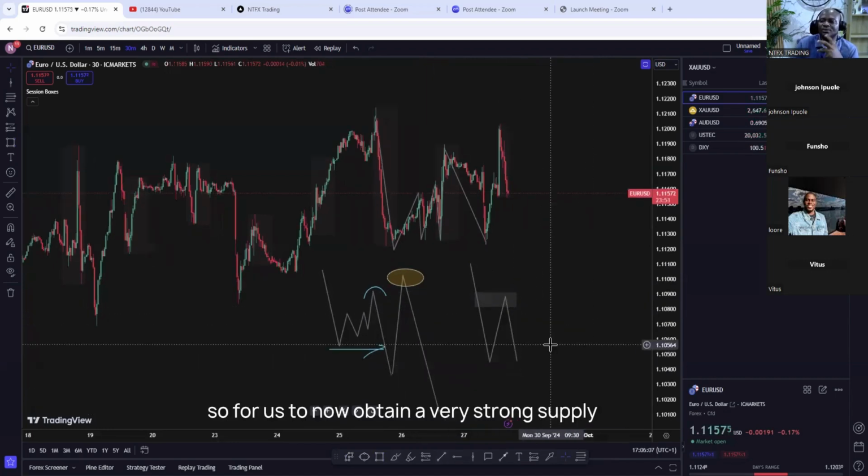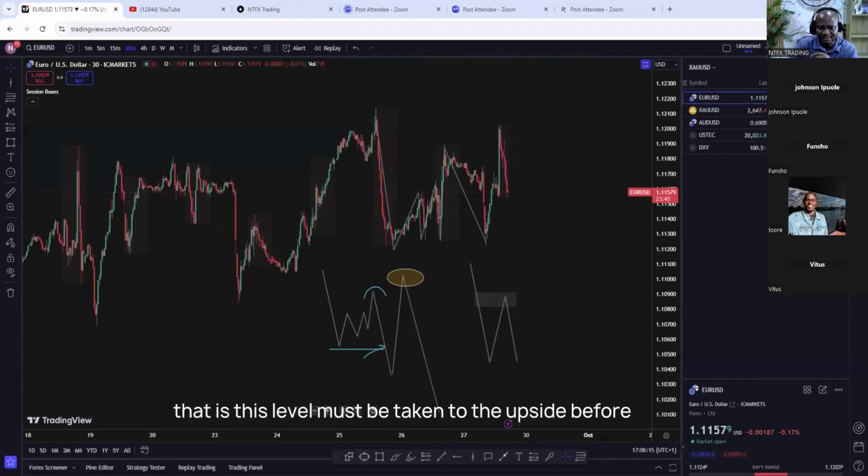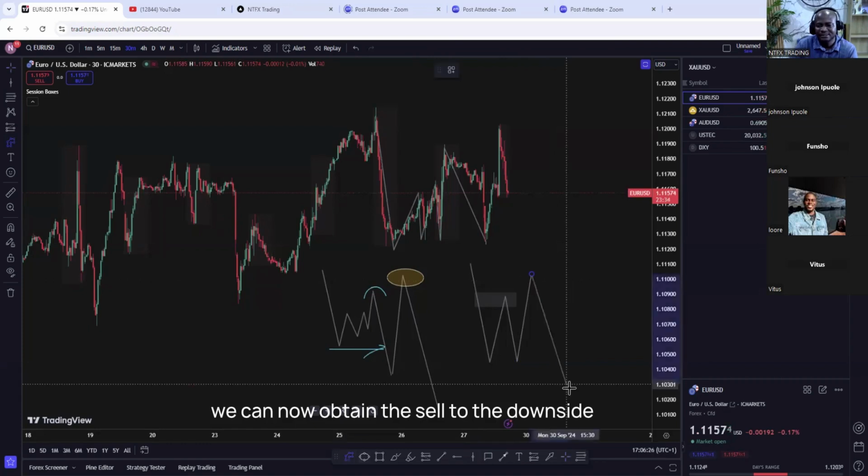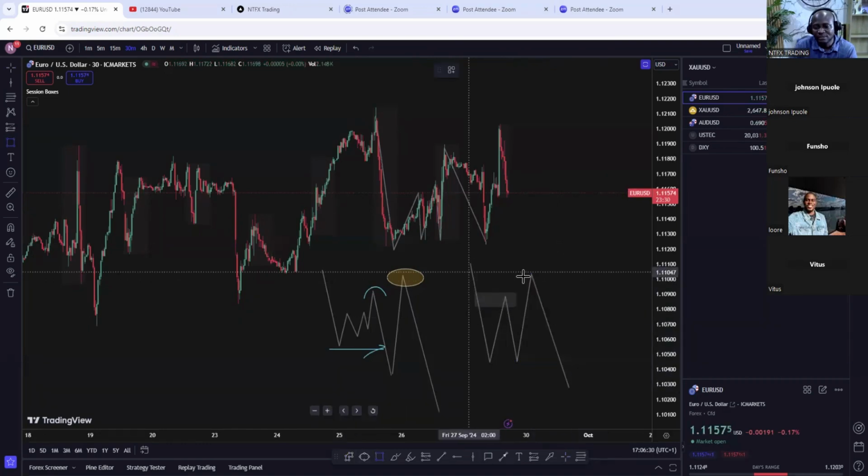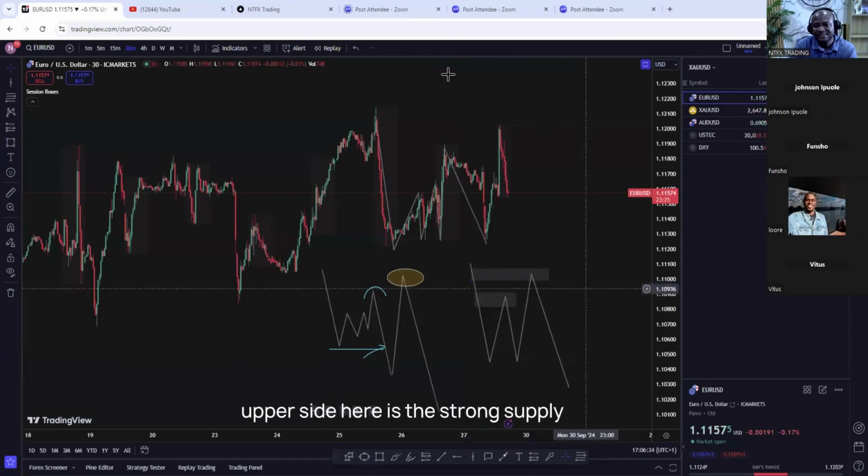So for us to obtain a very strong supply, we must take that level of weak demand to the upside. That is, this level must be taken to the upside before we can obtain the sell to the downside. So this is weak supply. Upper side here is the strong supply.